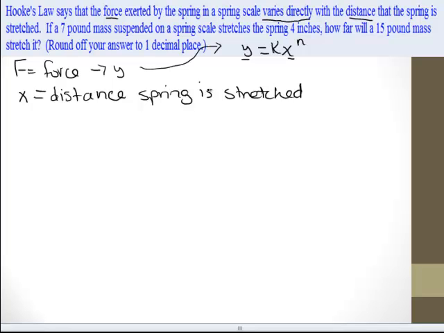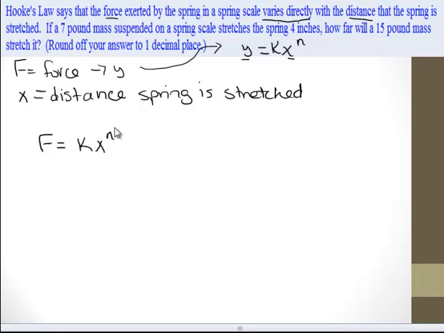Okay, so it says it varies directly, so we have that formula here. F equals K times X to the N. Well, the force exerted by the spring varies directly with the distance the spring is stretched. It didn't say anything about an exponent, right?